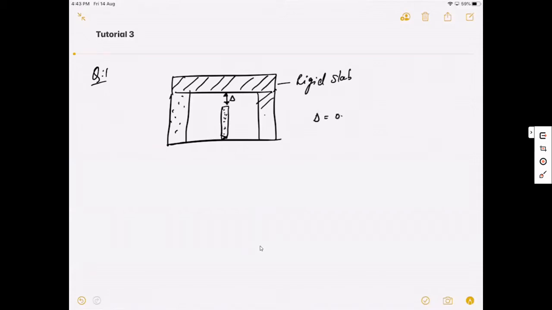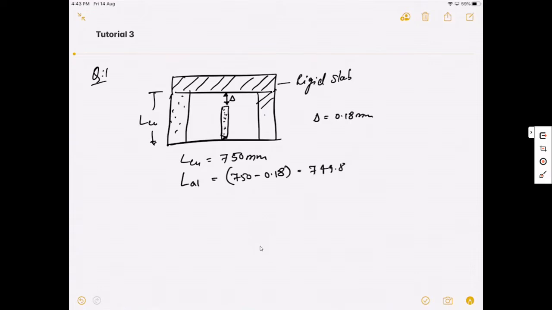Delta is given as 0.18 mm. This length of copper, L Cu, is given as 750 mm. So what will be the length of aluminium? That will be 750 minus 0.18, that is 749.82 mm.